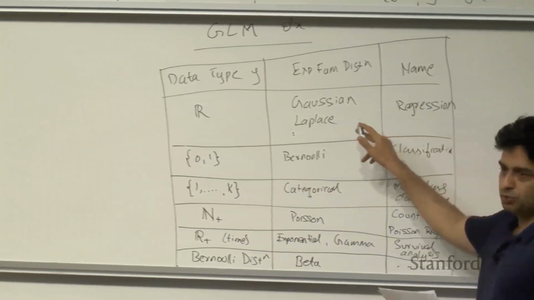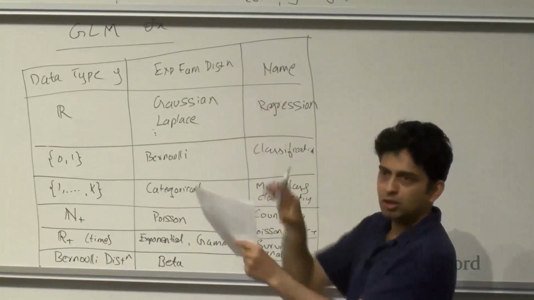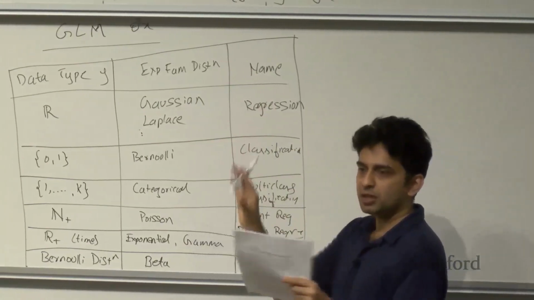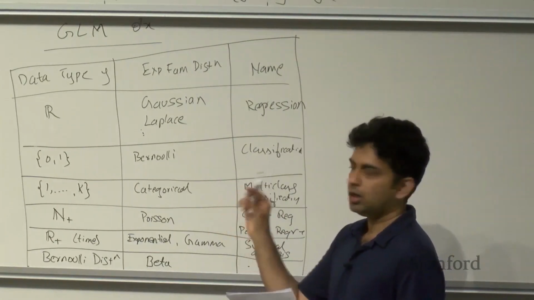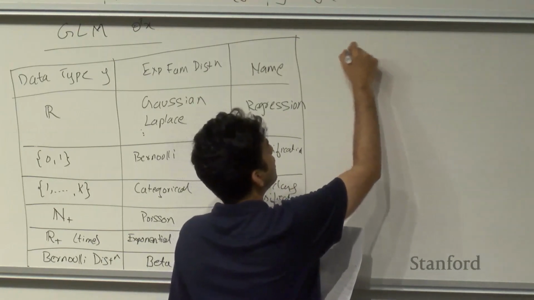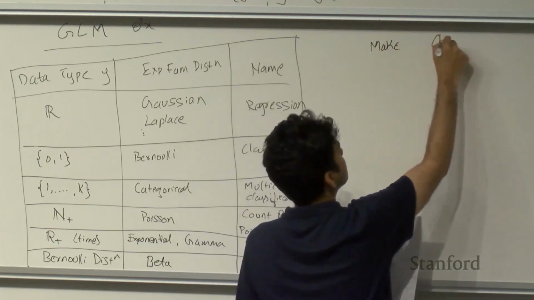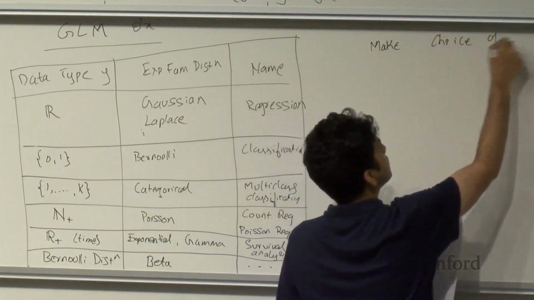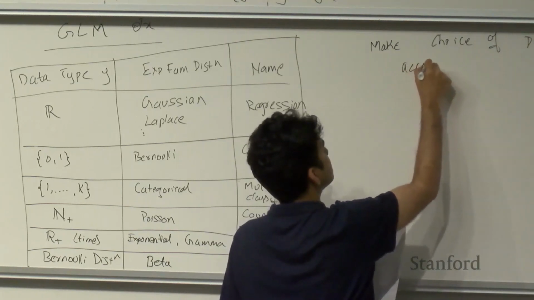Once we make a choice of distribution, we can go through the exercise of algebraically massaging it and doing pattern matching to find out what our g function is. So the first thing you want to do is make a choice of distribution according to the data type.